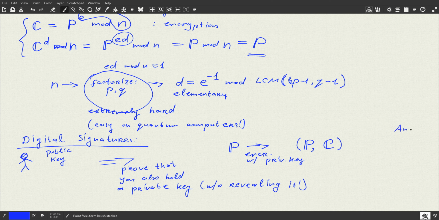And then anyone takes this encrypted text and applies your public key. How do we denote the public key? The public key was e, n. Okay. It applies your e, n to that encrypted text, reconstructs the plain text, and compares that they're equal. And this is your digital signature actually.